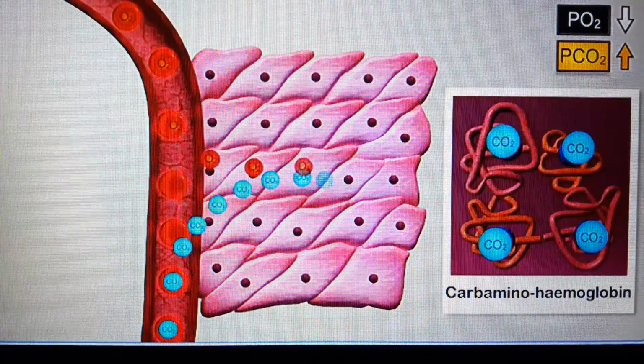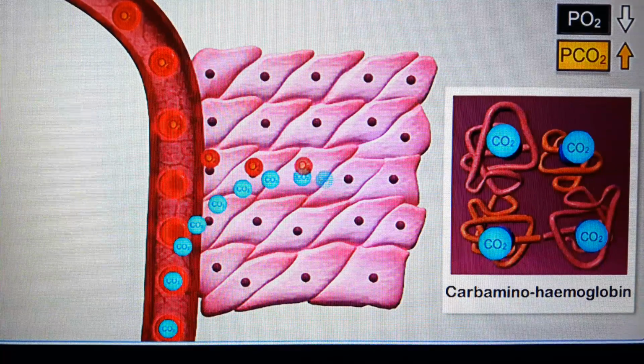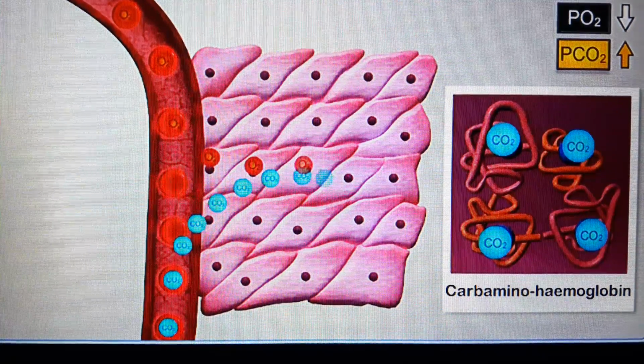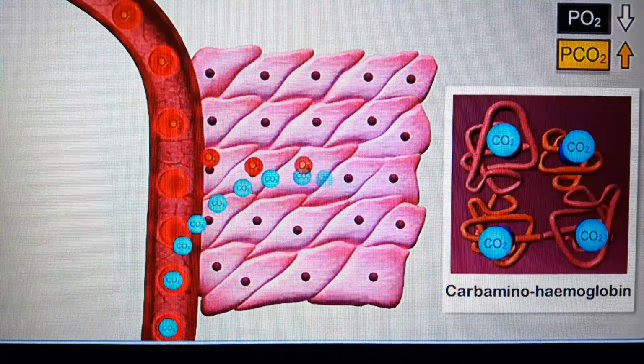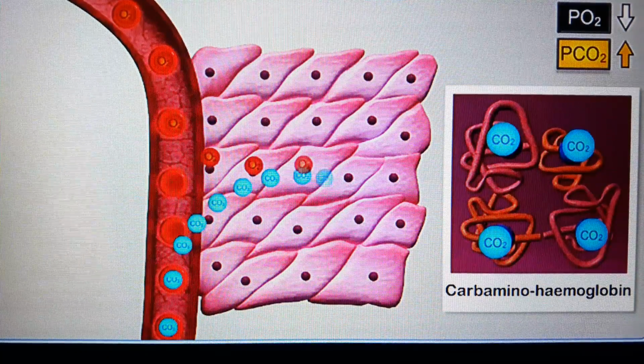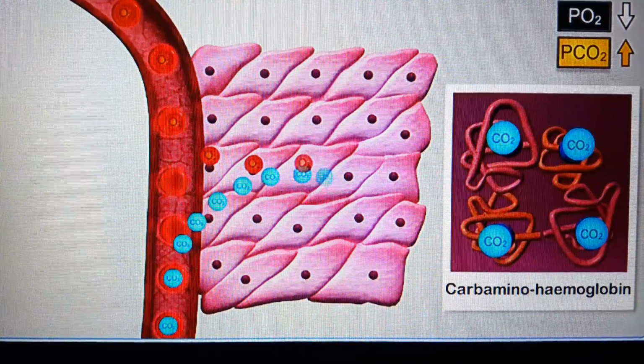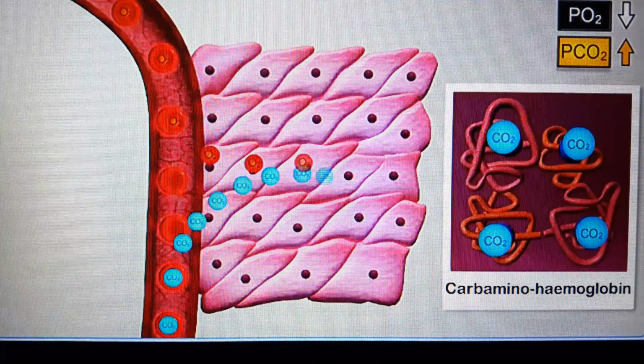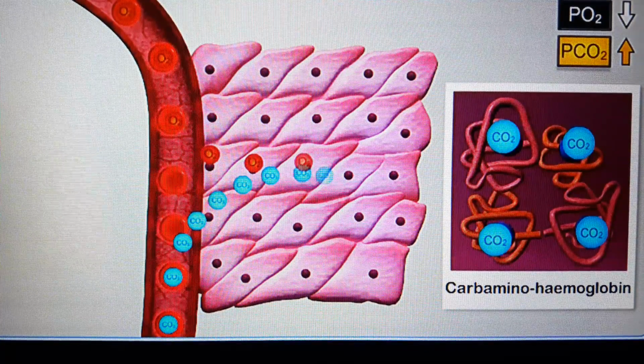This binding is related to the partial pressure of carbon dioxide, and PO2 is a major factor which could affect this binding.